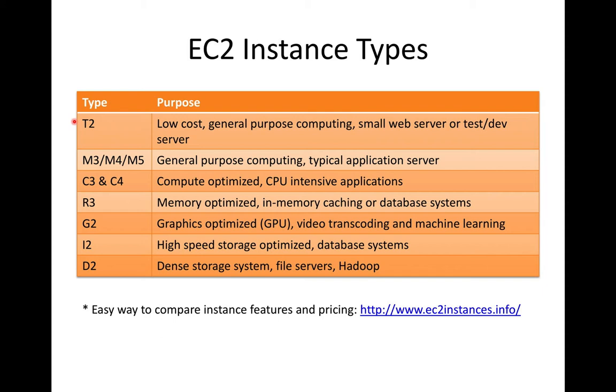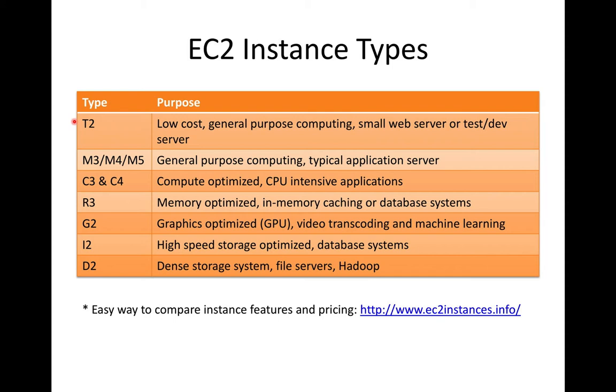In a typical organization deployment, oftentimes you're using either M4, M5, or C4 instances. M class instances are sort of general purpose instances. I use these an awful lot for different types of applications. The C3 and C4 instances are designed for very CPU intensive applications.